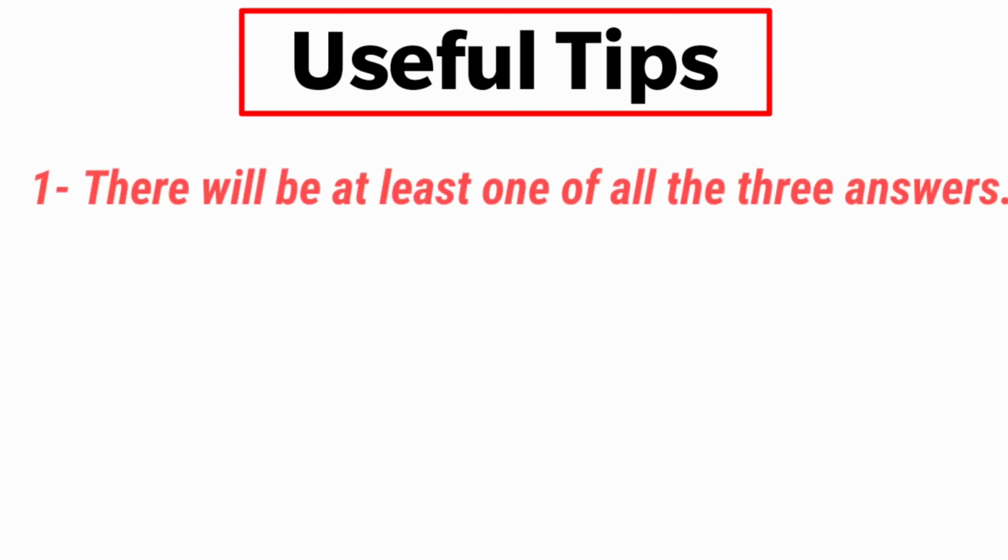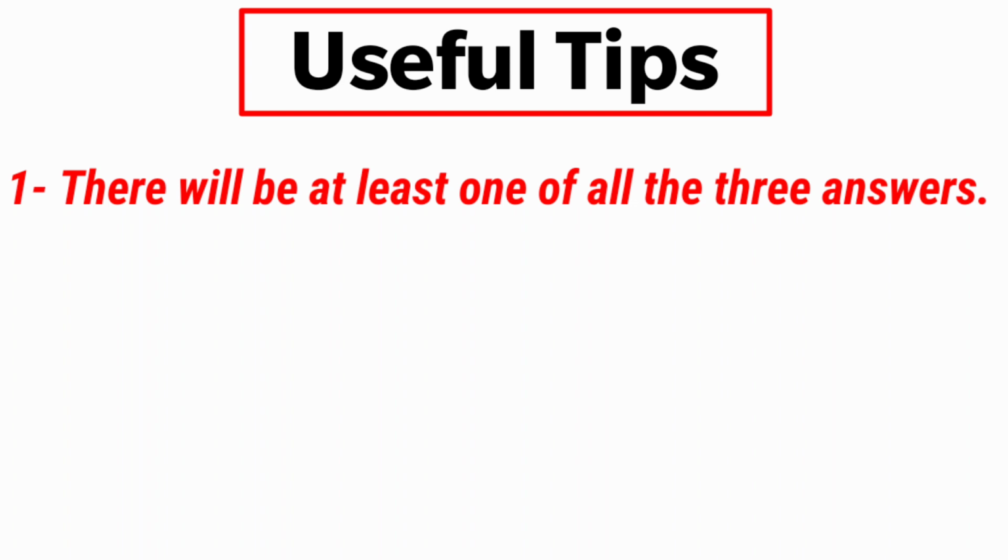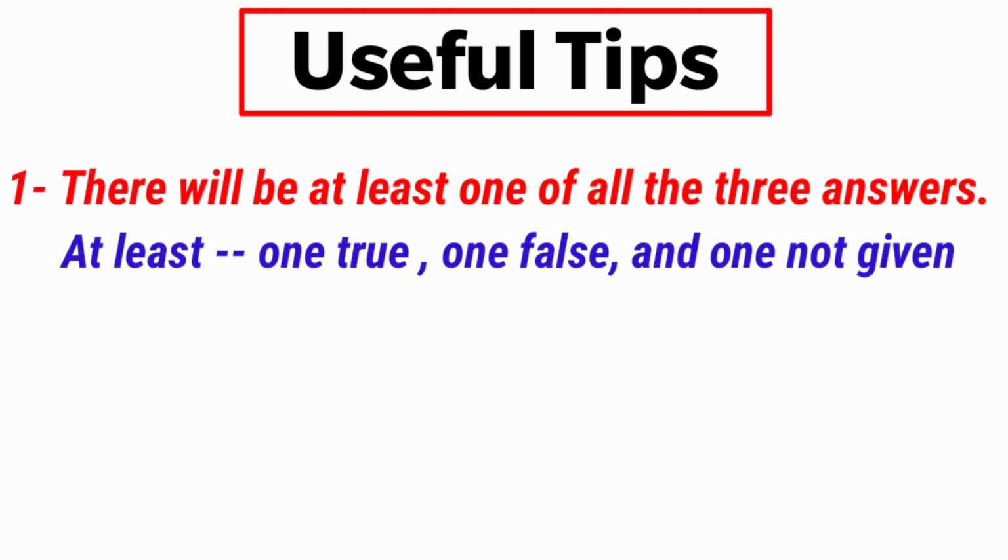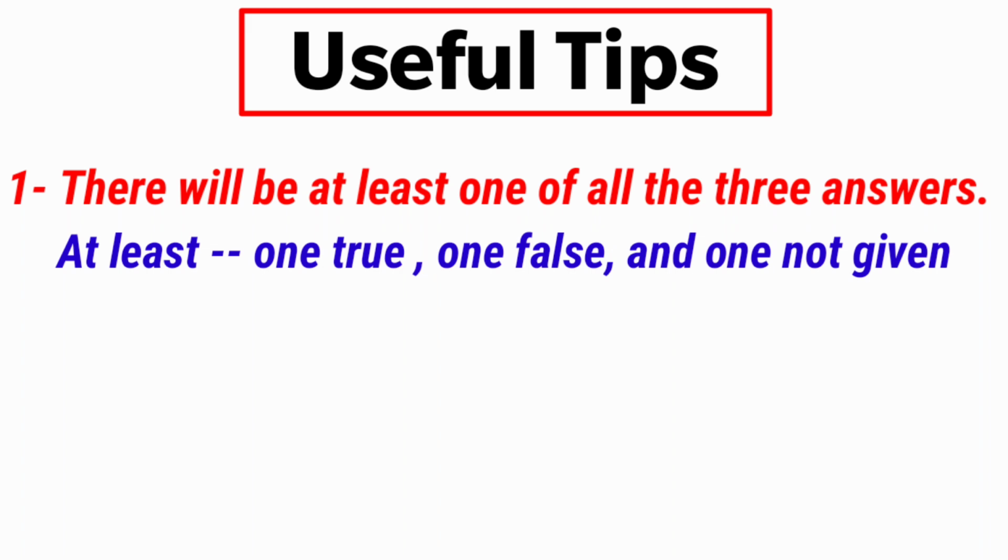Now I'm gonna give you some basic tips, and after that I will show you my strategy to approach such questions. So my first tip is, there will be at least one of all the three answers. So there is at least one true, one false and one not given. So make sure that in every passage you choose at least one of them.